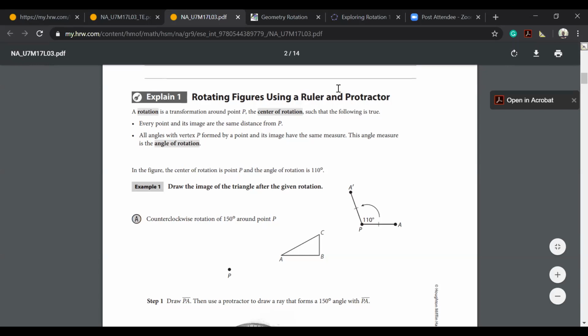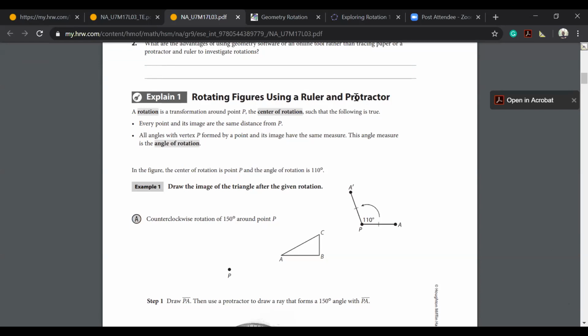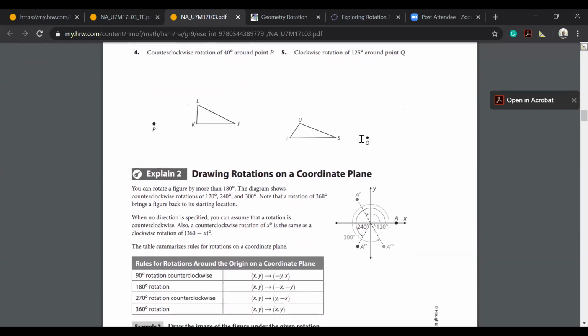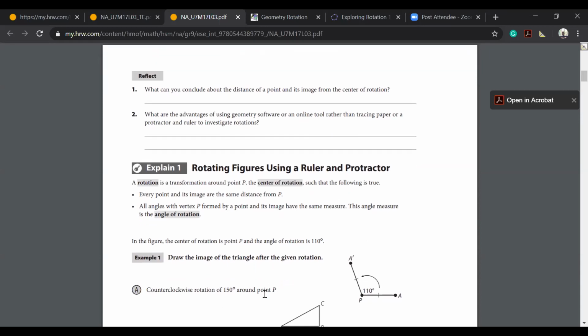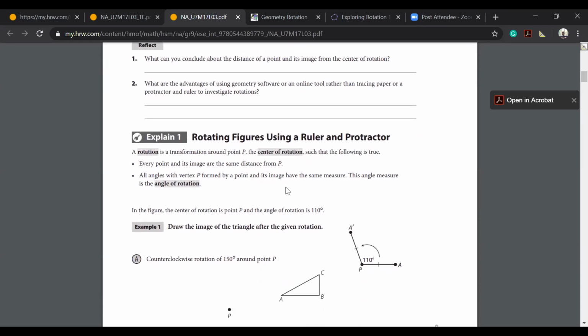You need to have your ruler and your protractor. Rotation depends 100% on protractor and rulers. So please try to prepare them for now. And then tomorrow, inshallah, we will be taking the second way, which I know most of you will love, which is the coordinate way, depending on some rules that you are going to know by heart. But first, let's investigate the first way, which is the geometry way, using a ruler and a protractor.